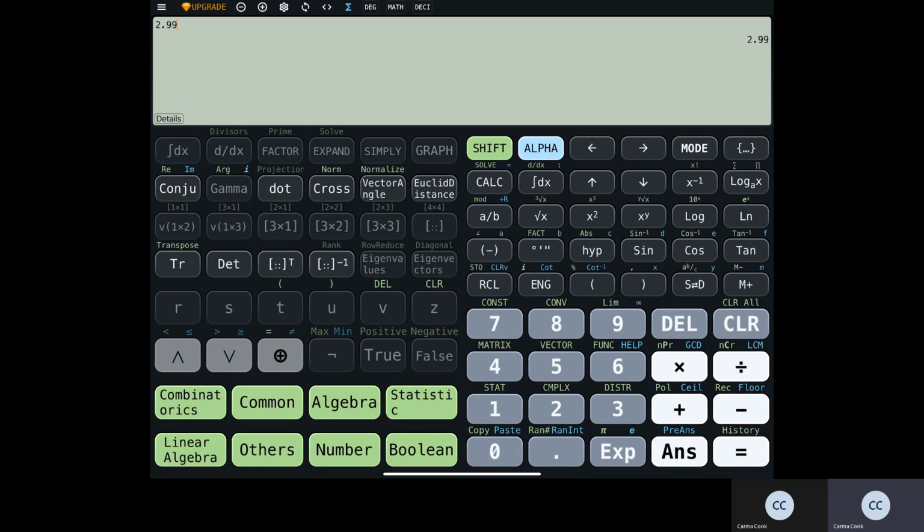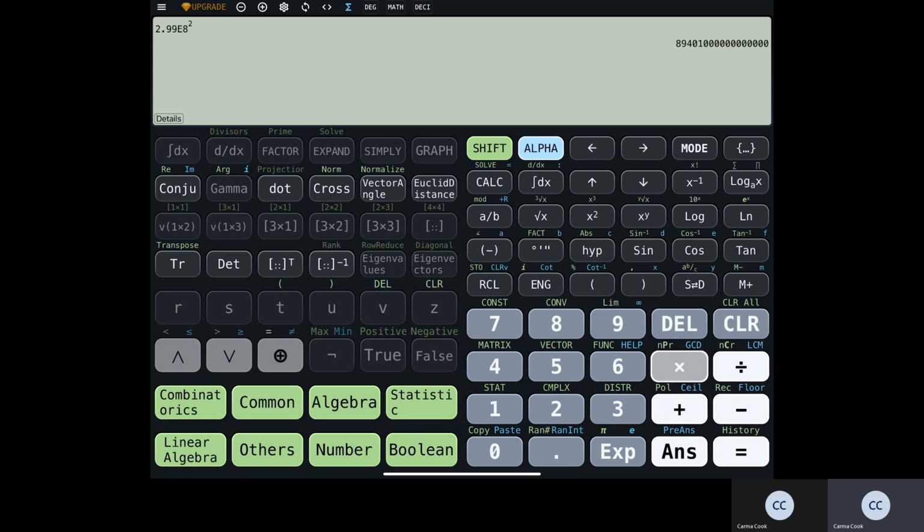So 2.99, and then I need to access my exponential function, the EXP key for this calculator, or it may be the double letter E on your calculator. And then I want to square it, so I hit the square button.